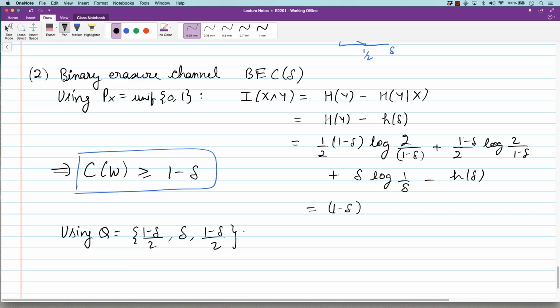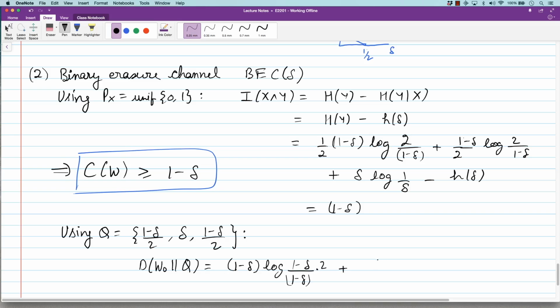This distribution has divergence of W0 from Q given by the following. Under 0, the output distribution just takes the value 0 with probability 1 minus delta, while Q takes the value 0 with probability 1 minus delta by 2.